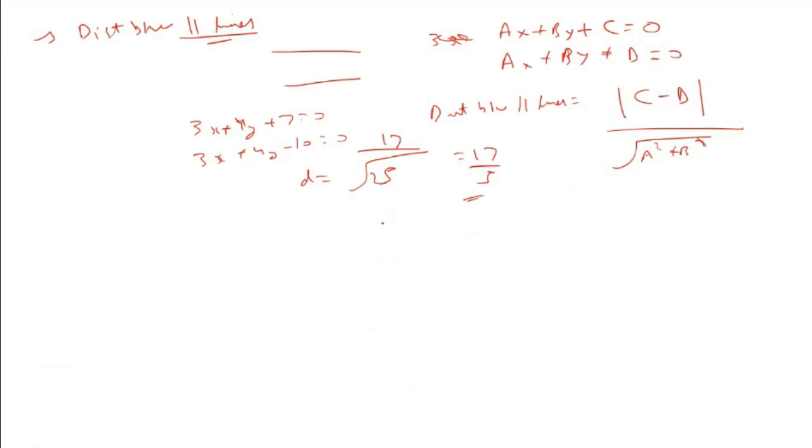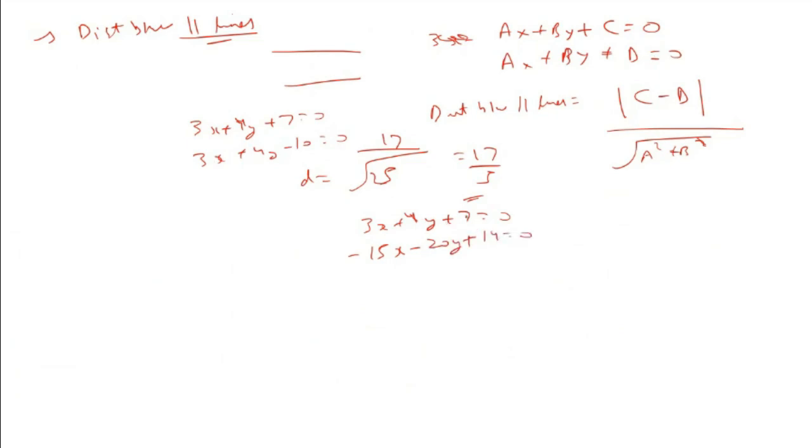The only variety of this could be, okay, if you have this line of 3x plus 4y plus 7 equal to 0, let's keep this first line the same, and the second line is, let's say, minus 15x minus 20y plus 14 equal to 0.